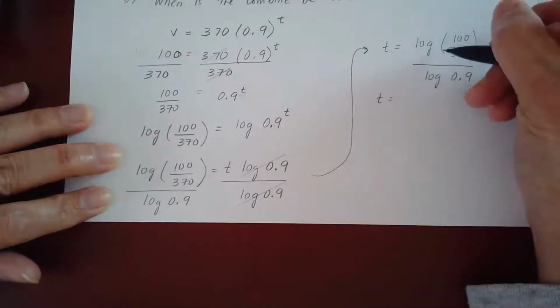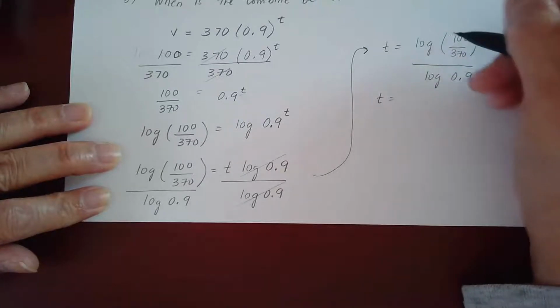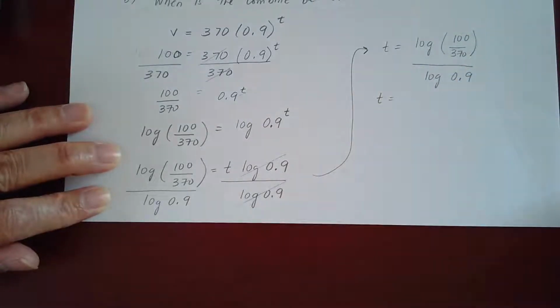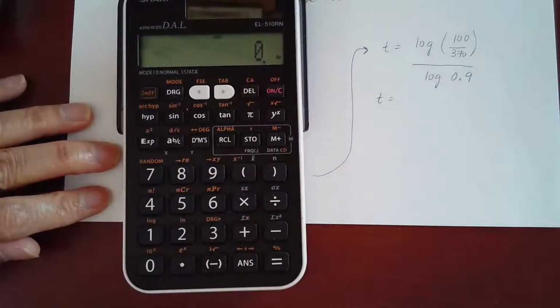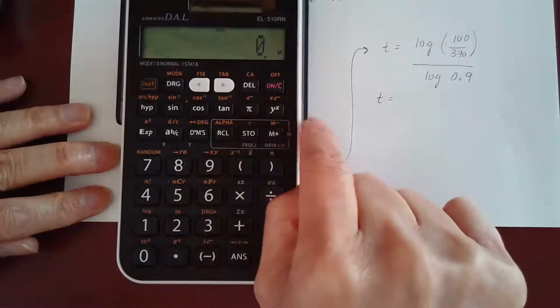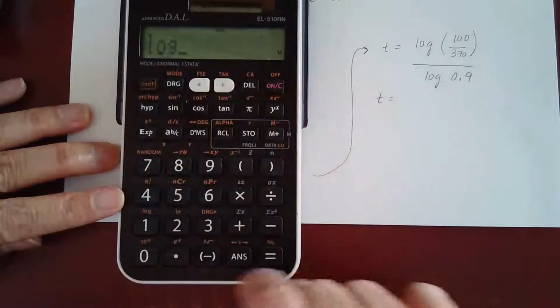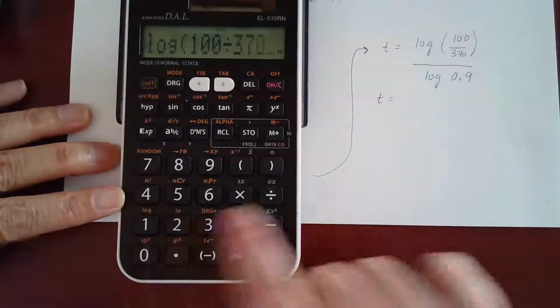So make sure that we take the logarithm of 100 divided by 370. You might have to put brackets there. So let's go ahead and type that in. And if you're watching it right now or you're watching it later. So log of 100 divided by 370.